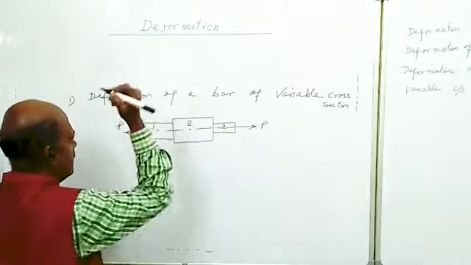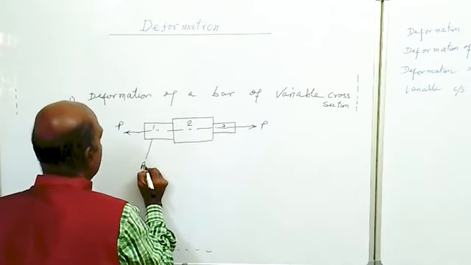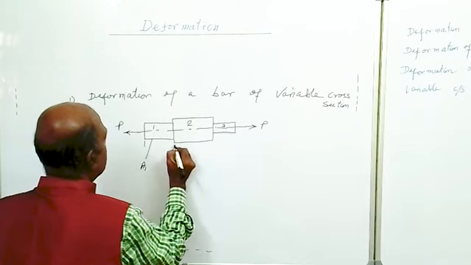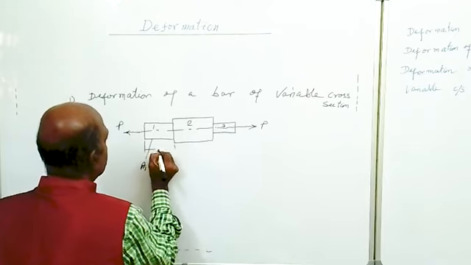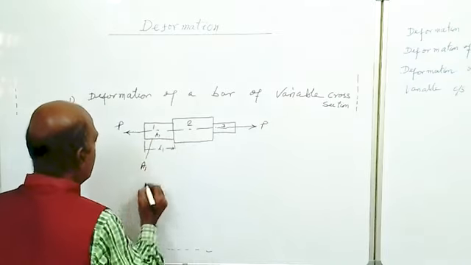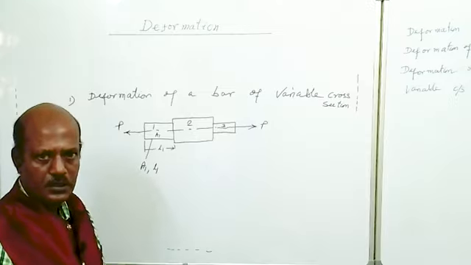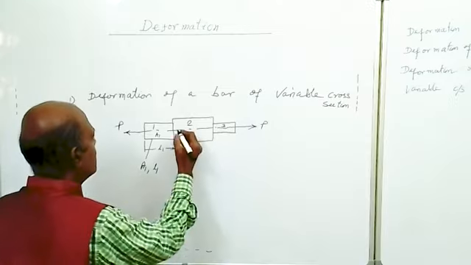Now let the cross sectional area of section 1 be A1 and its length be L1.